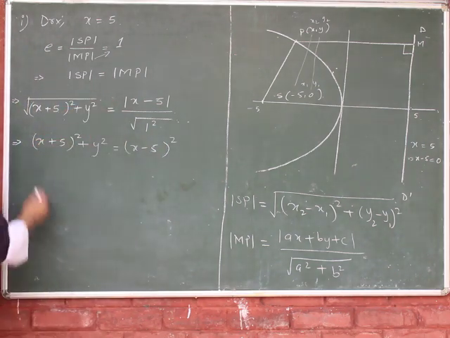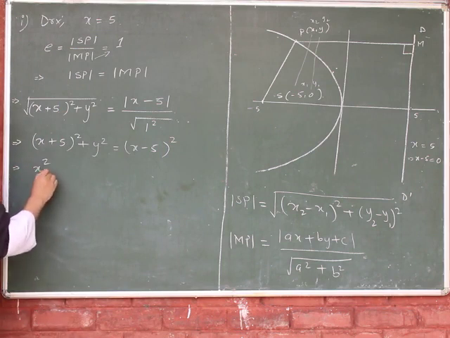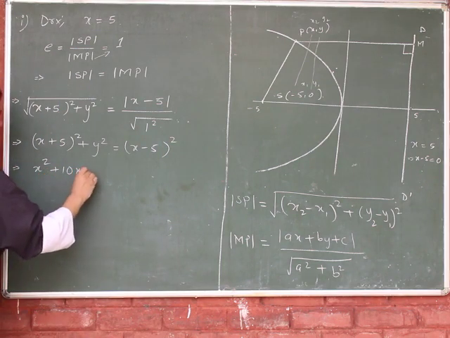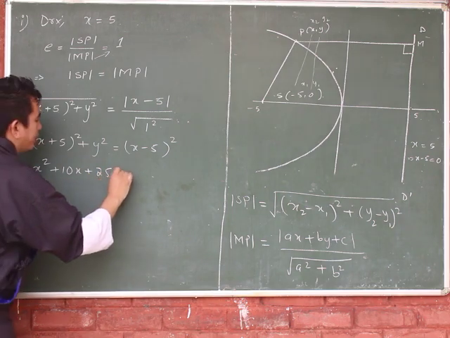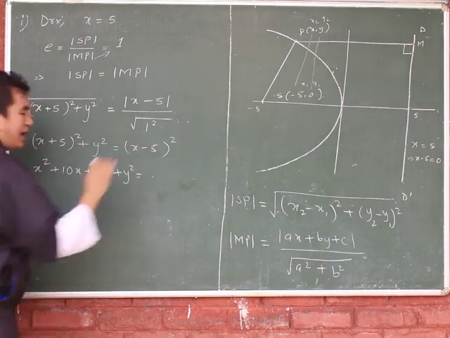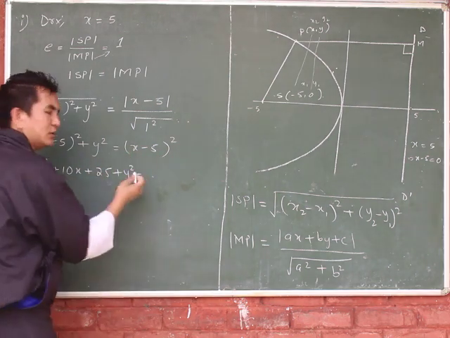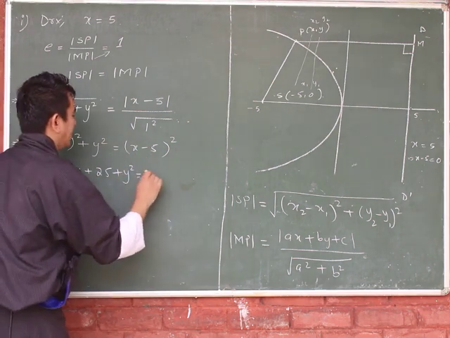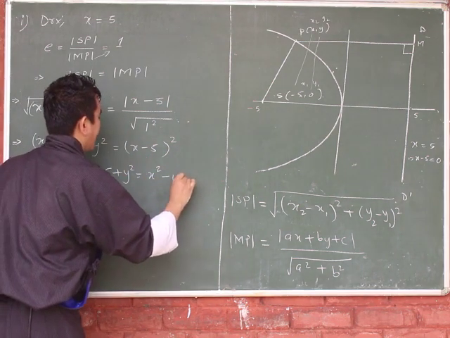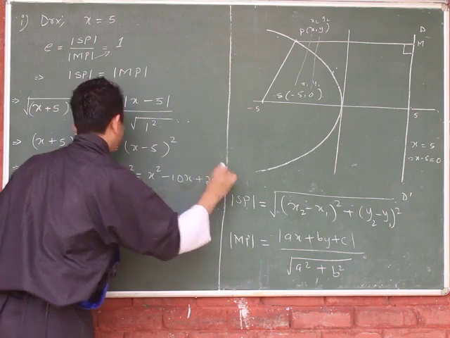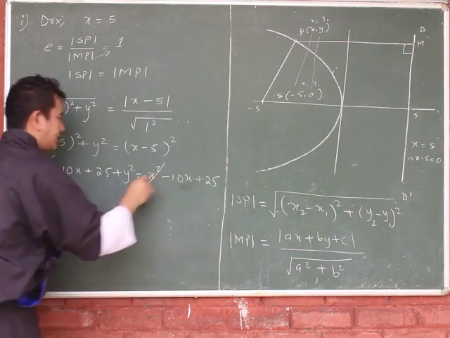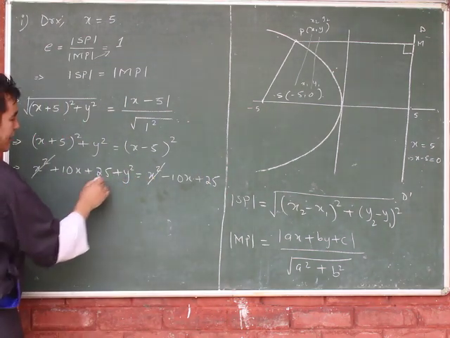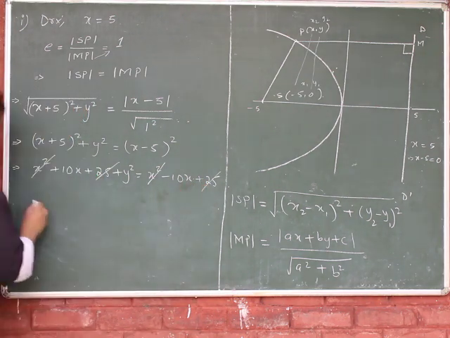Square on both sides, then expand it, please. This is in the form of (a plus b) whole square: x square plus 10x plus 25 plus y square, and this side we have (a minus b) whole square. I hope you know that expansion. So we have x square minus 10x plus 25. This x square will get cancelled, then 25 will get cancelled.